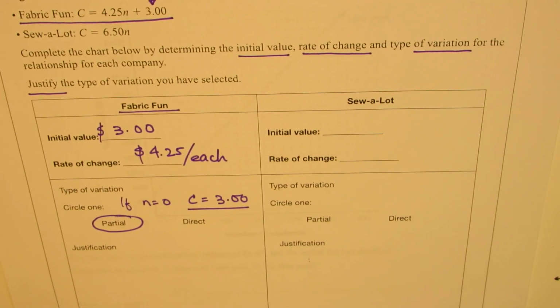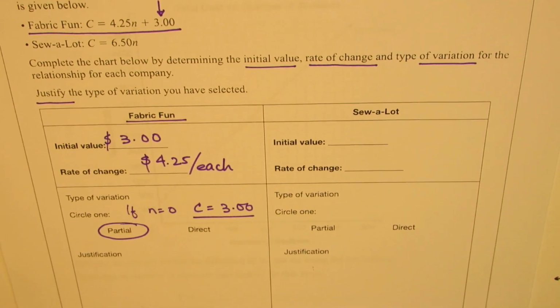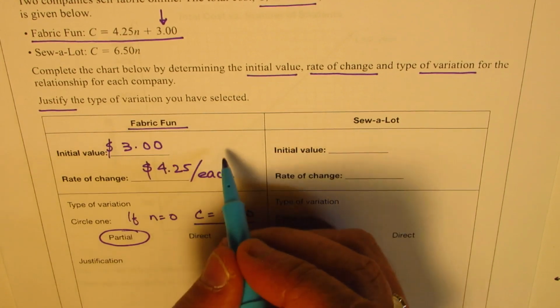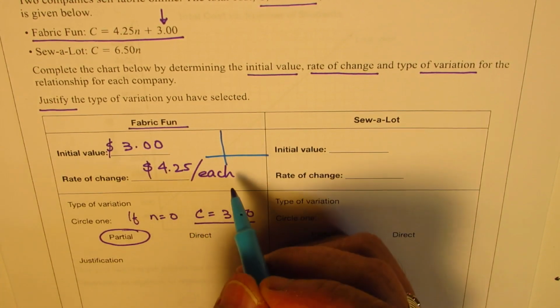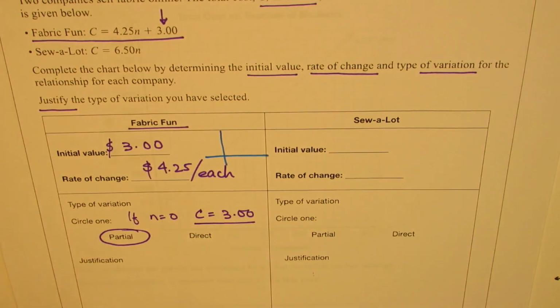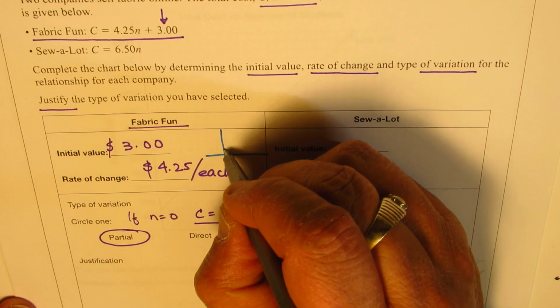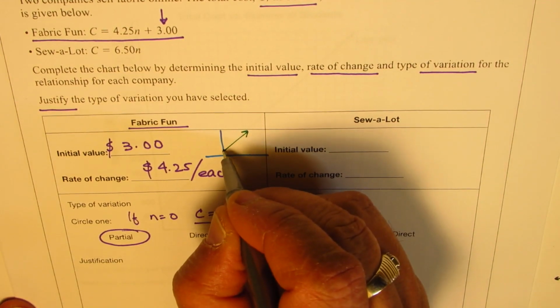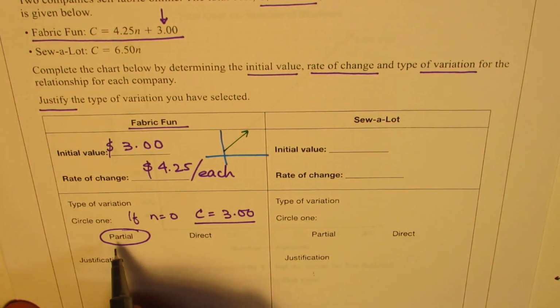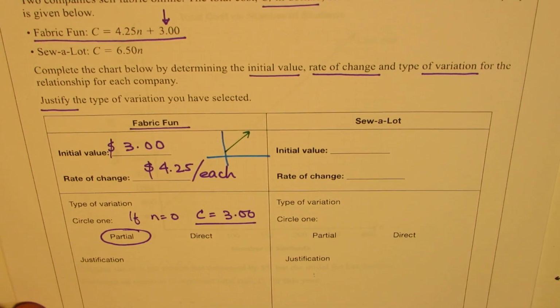What will you get? You will get a graph which starts at 3, right? And the slope of 4.25. So it will be kind of like this. It does not go through the origin. That is why it is partial. Is that clear to you?